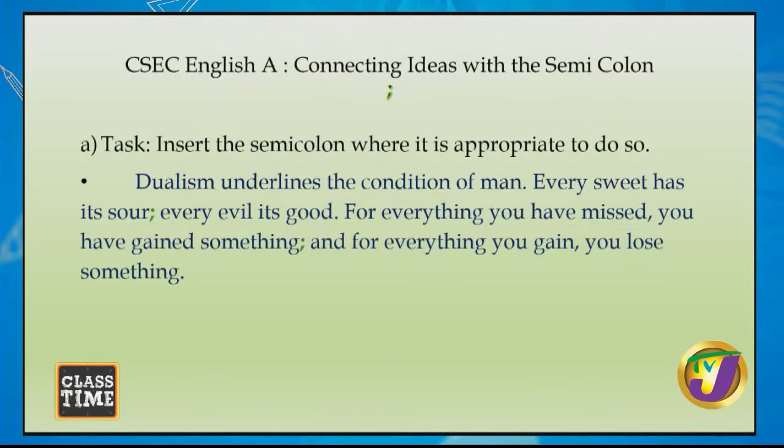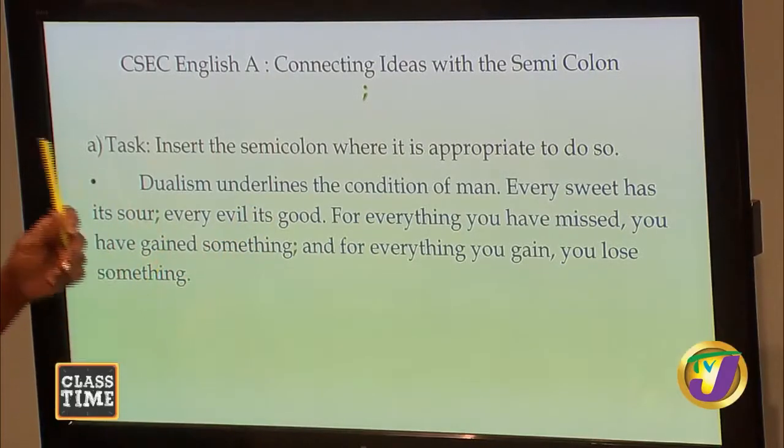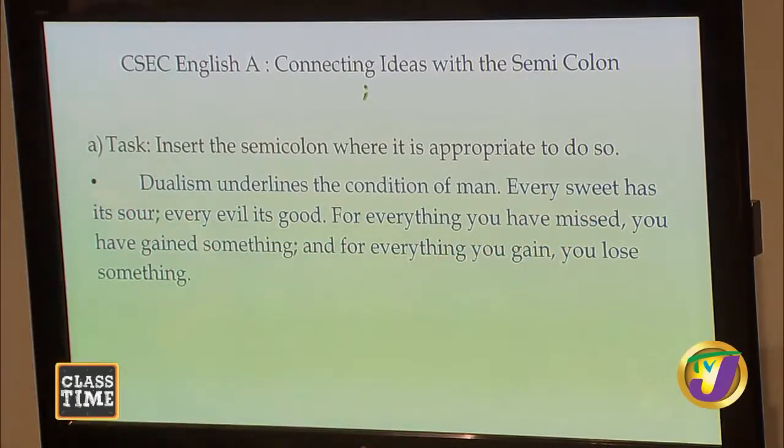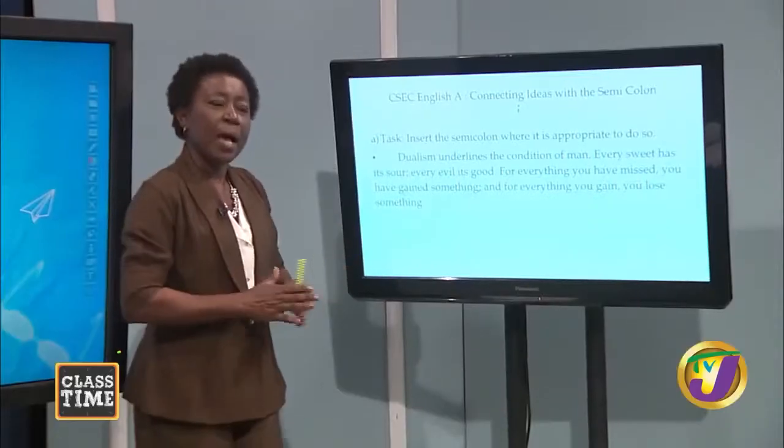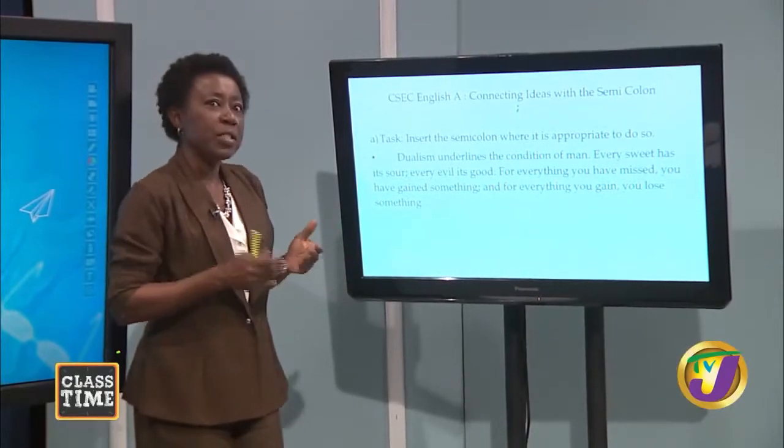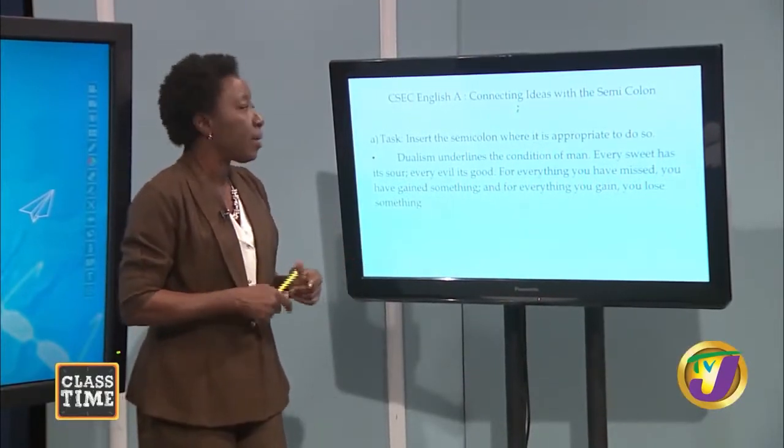So there we have it. Dualism underlines the condition of man. Every sweet has its sour. Every evil its good. Okay, so right here, independent thought. It is really saying every evil has its good, but because we have the has here, and for economy of writing, you don't necessarily repeat what is implied, all right?